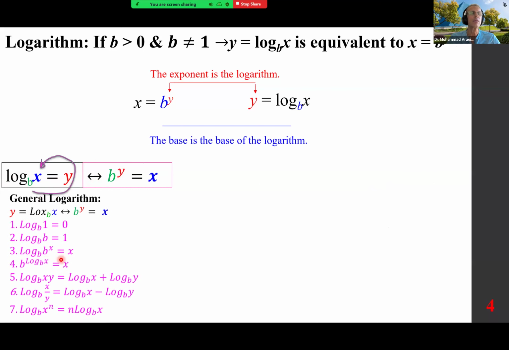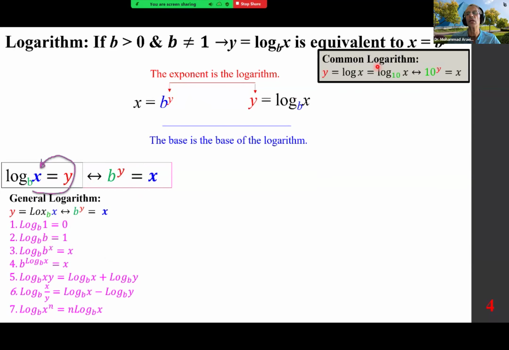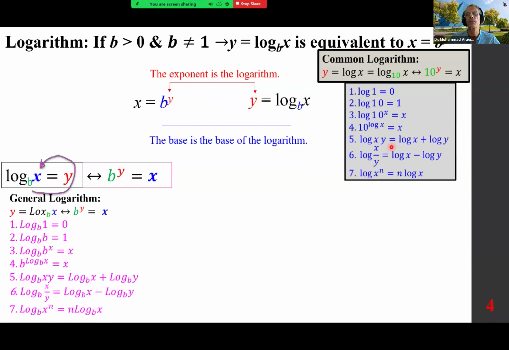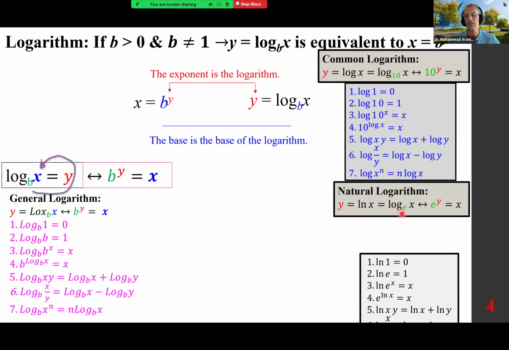Then we can easily get these logarithmic properties pertaining to a general base b, and we can extend it to a common log when the base is 10. We can also extend it to natural log when the base is e.